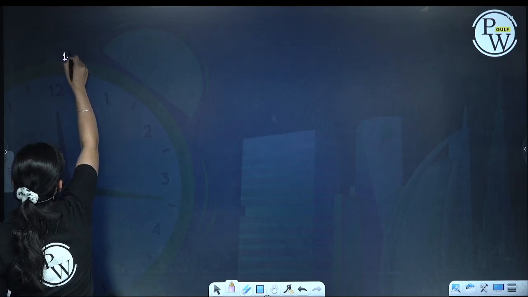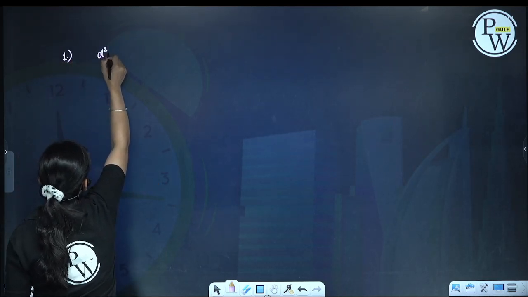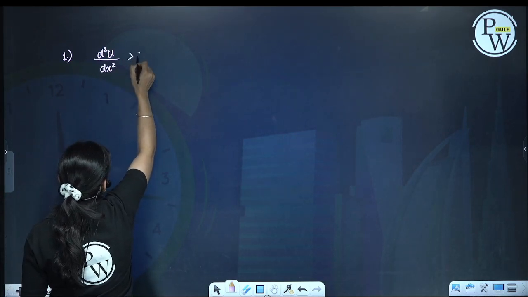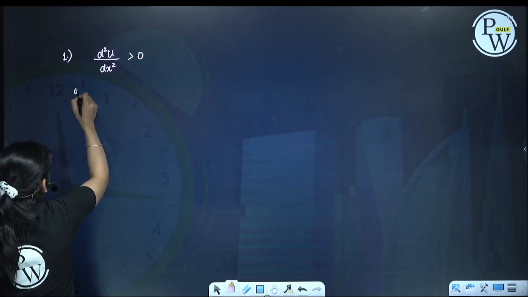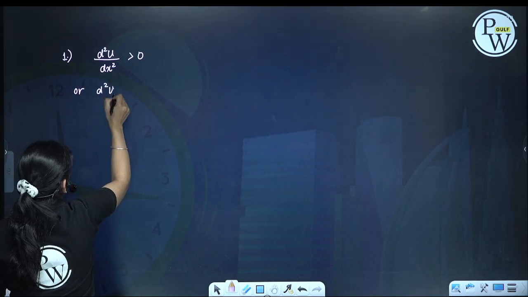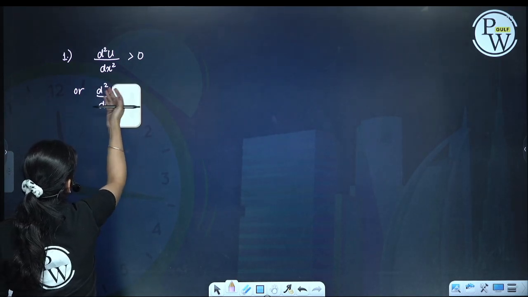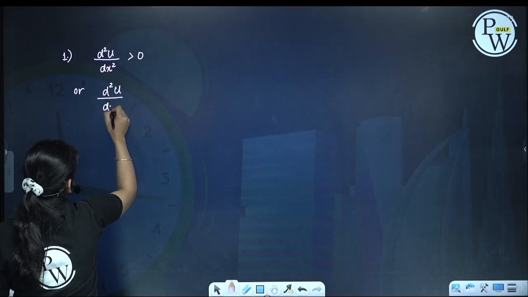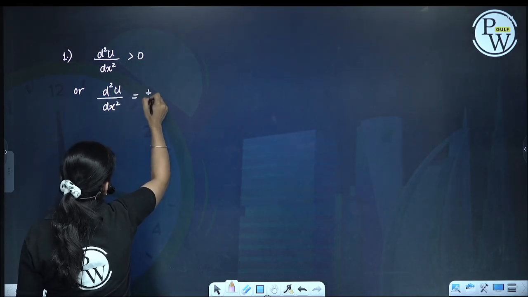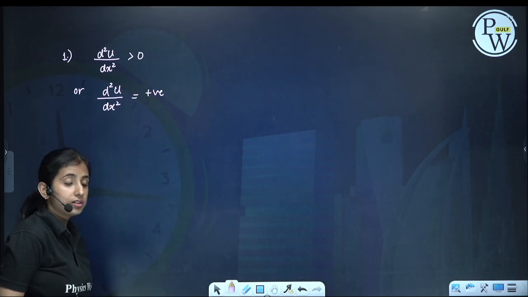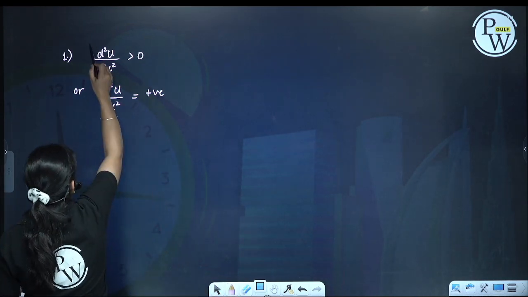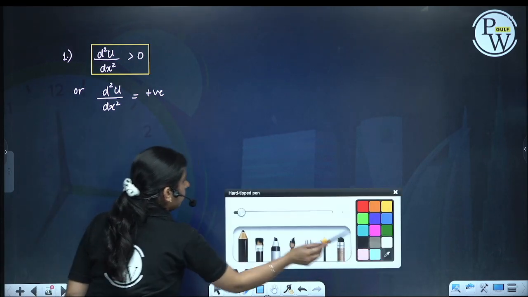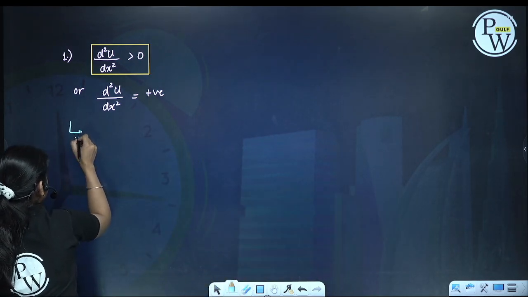First case, if d²U/dx² is greater than 0, that is, d²U/dx² is positive, then what do we have over here? We have a minima.